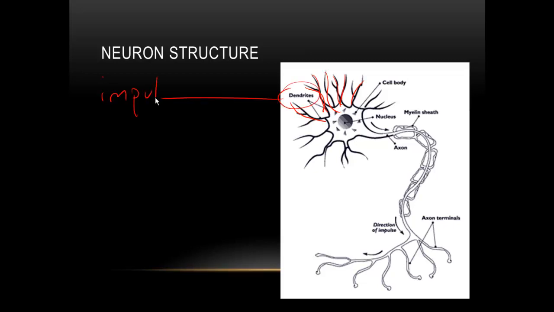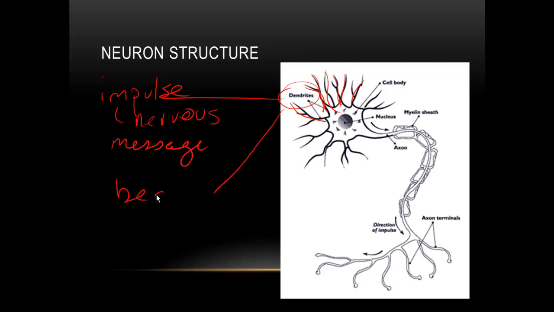And when we're talking about an impulse, we're talking about the nervous message, the way that the message is transmitted when you touch the stove all the way up your arm, into your spine, up your spine, and finally to your brain. Obviously happening very, very quickly. So the nervous message we can refer to as the impulse. It's going to begin in the highly branched dendrites.